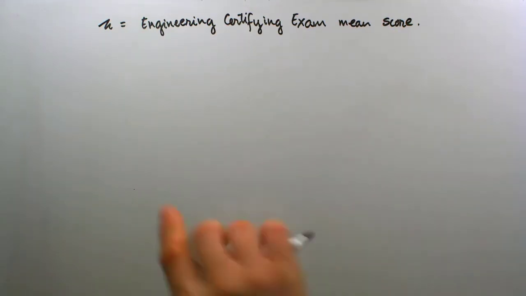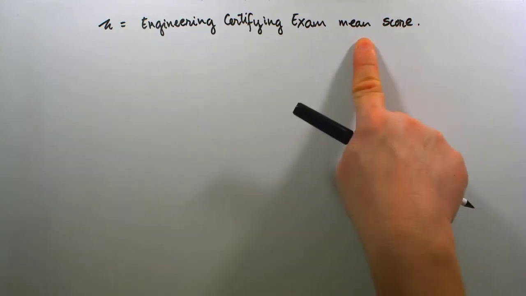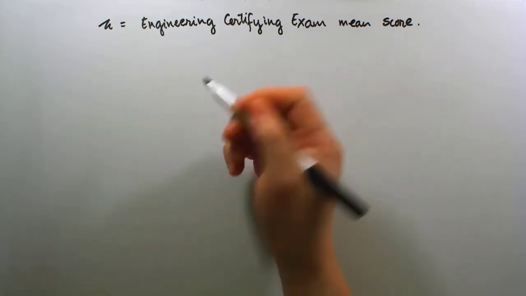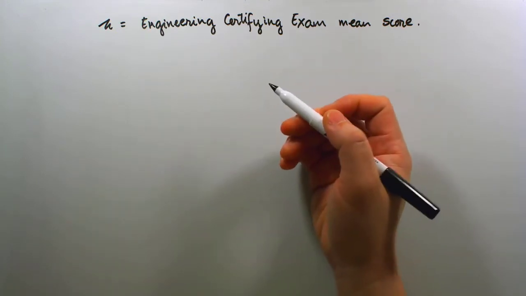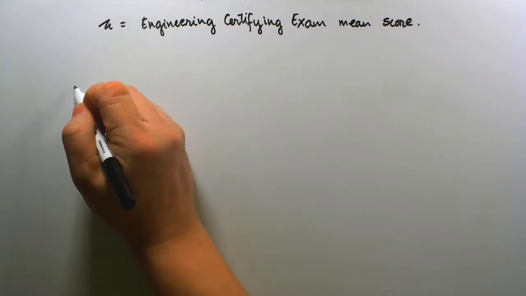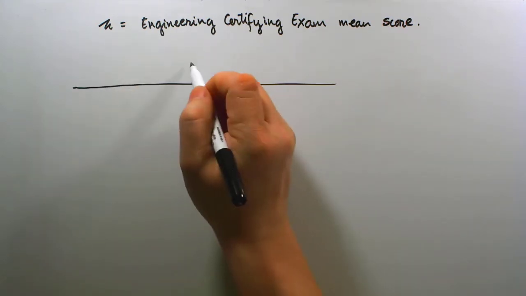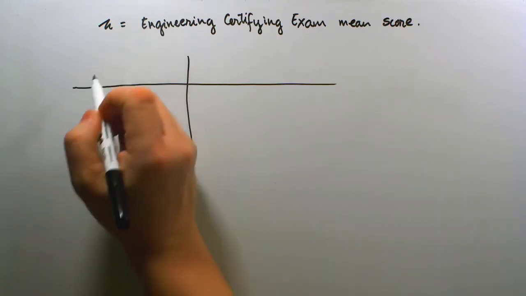And so now, when we are particularly studying and comparing this mean score from the two schools, Newton University and Gauss University, we are in a situation where we're going to break it down into two separate populations.